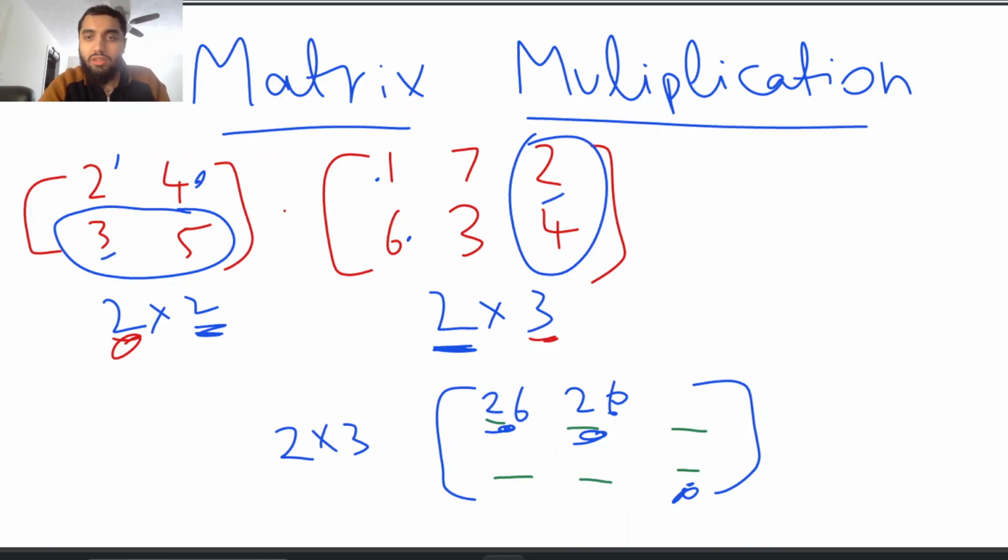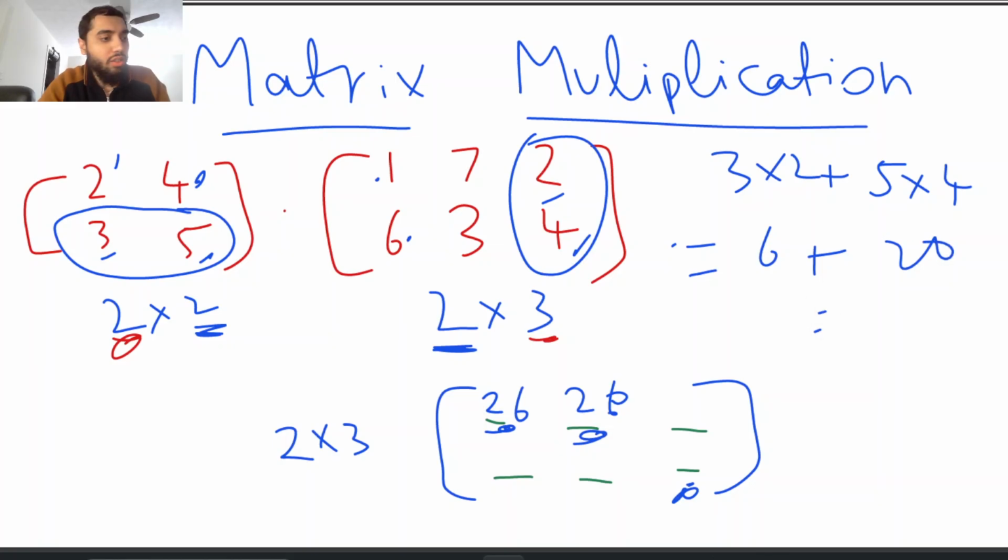So take the 3 times 2 plus this one, 5 times 4, 6 plus 20, that is 26.